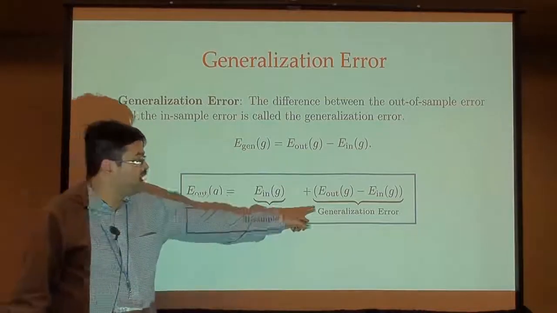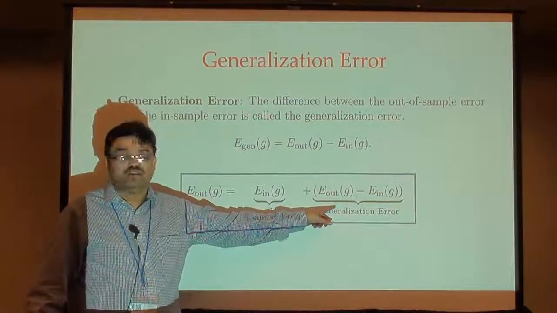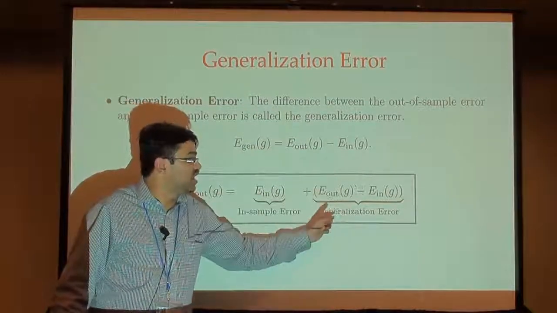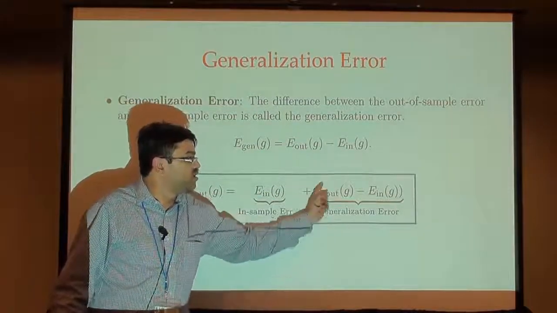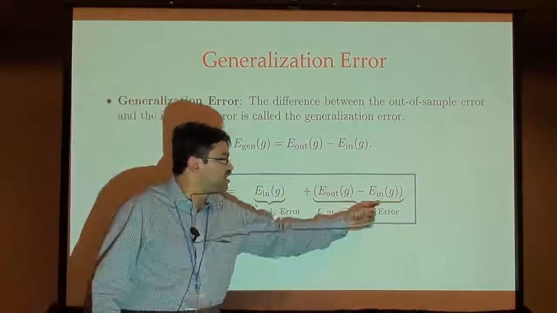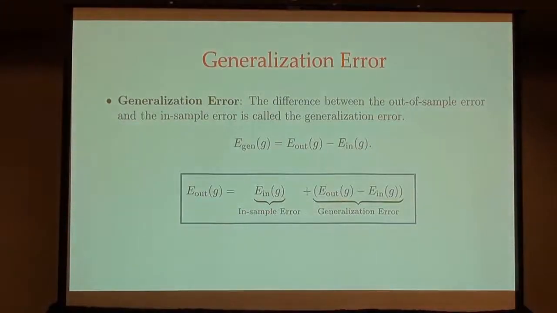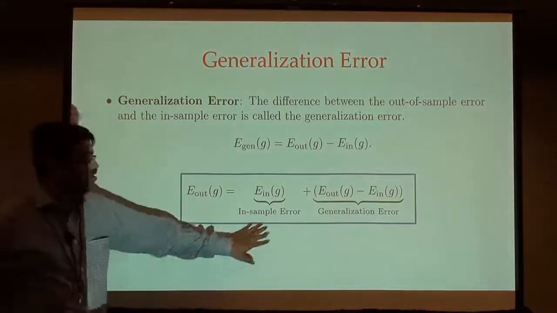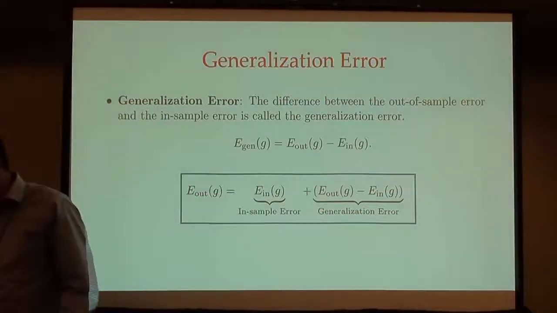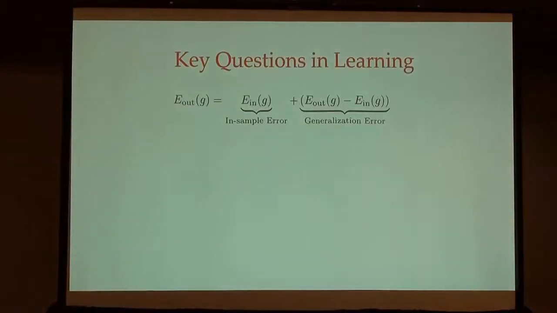The harder part is to bound this generalization error, and a lot of people who work in statistical learning theory are essentially trying to get a handle on it. There is a lot of beautiful theory that actually does it, but unfortunately, as with most practical things, it's not enough.